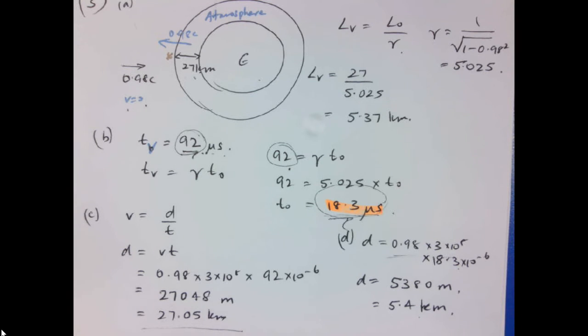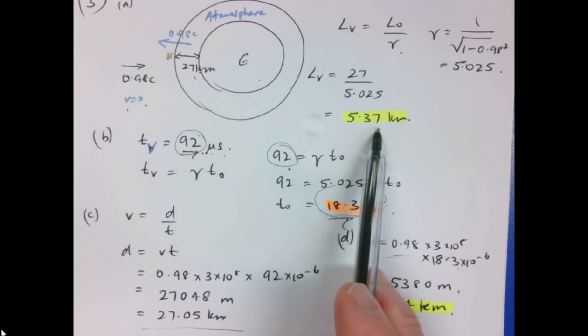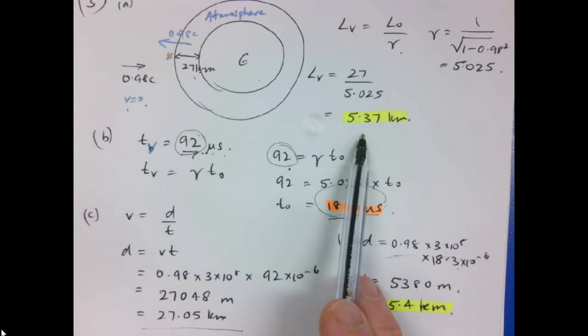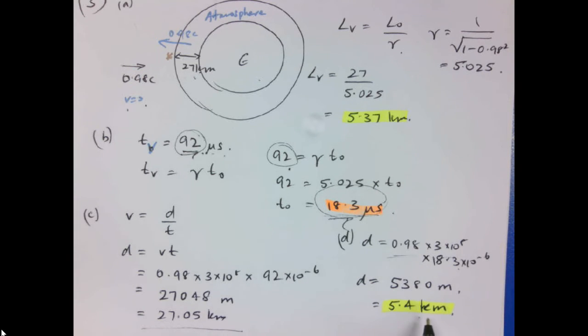But remembering that the muon doesn't think the atmosphere is 27 kilometers, it thinks that the atmosphere is 5.37 kilometers in thickness, and it has traveled 5.4 kilometers. So in its reference frame, it's traveled through this entire distance before it strikes the Earth, because it will strike the Earth after that distance.